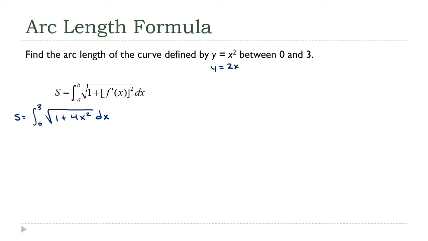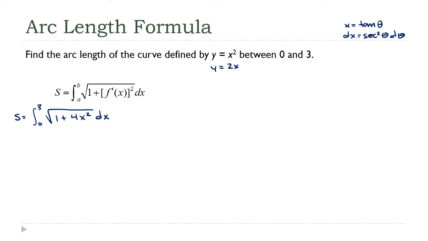And we've seen this kind of integral before, right? I'm going to do a trig substitution here. I'm going to let x equal the tangent of theta. So dx equals secant squared theta d theta. So let's make those substitutions.